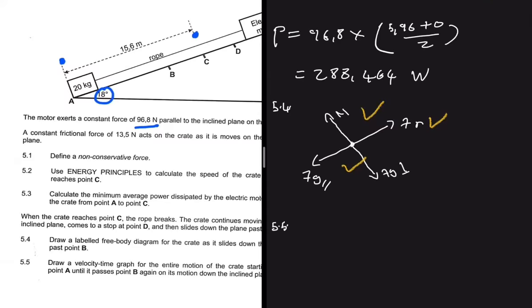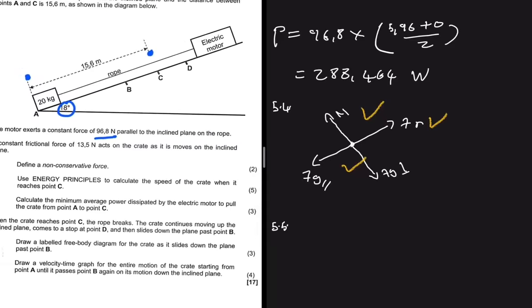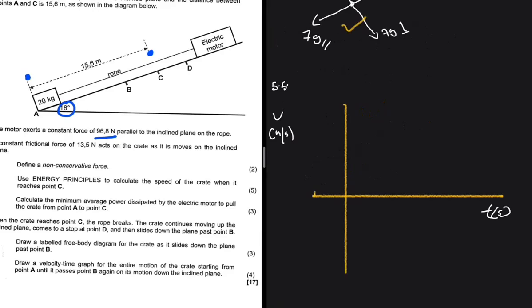In 5.5, let's do a velocity time graph for the entire motion of the crate, starting from point A until it passes point B, and again on its motion down the inclined plane. So we studied that V is equal to 0.